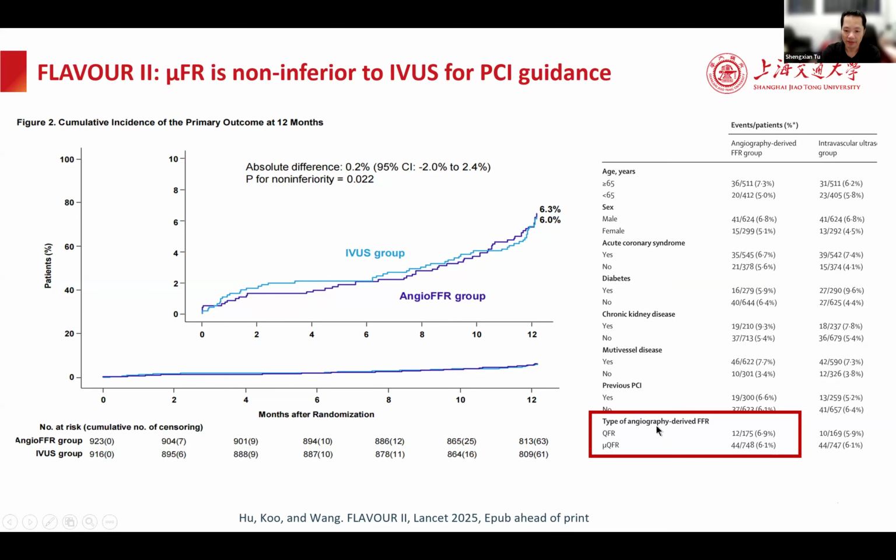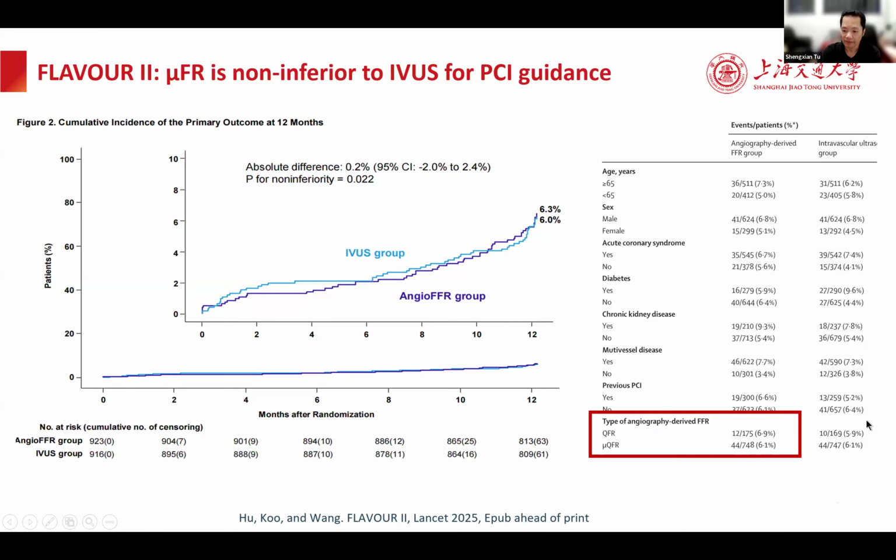So in the study execution, we had 2 generations. The first 175 patients were using the first-generation QFR, and the remaining 748 vessels or patients were using the second generation. You can see the event rate is lower in the second compared to the first one.